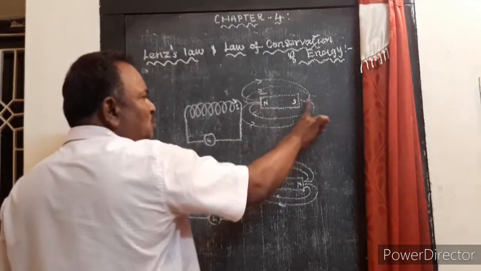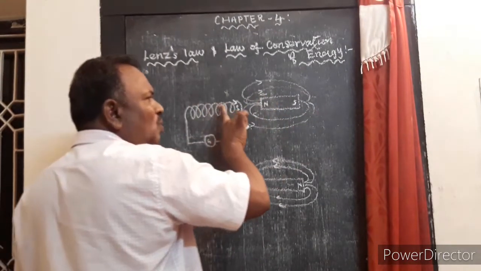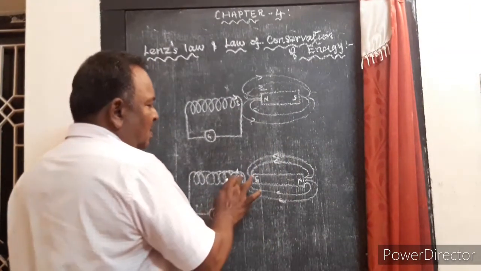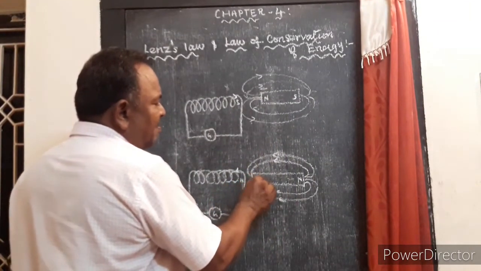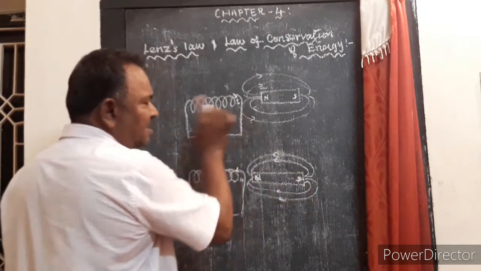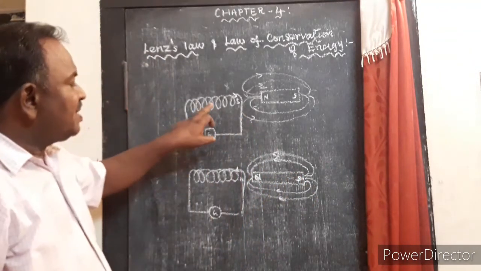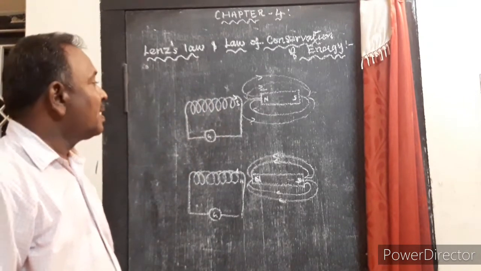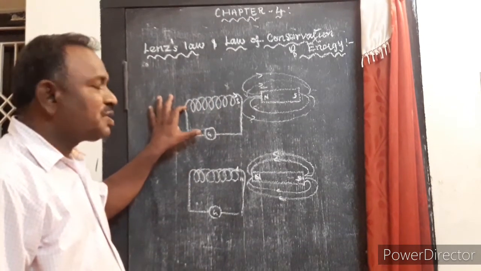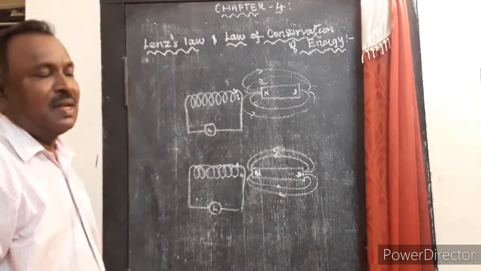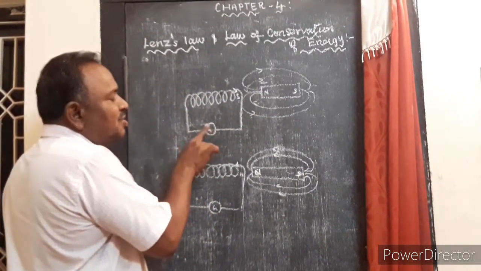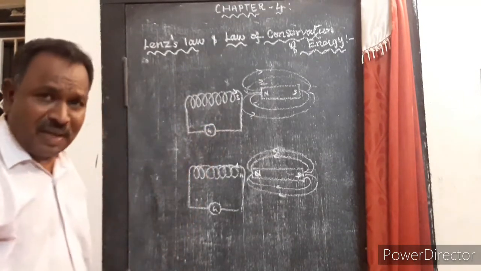When the magnet is moved towards the coil or away from the coil, the magnetic flux linked with the coil changes. Because of this change, an induced EMF is produced, so there is a flow of induced current, and the galvanometer shows deflection.